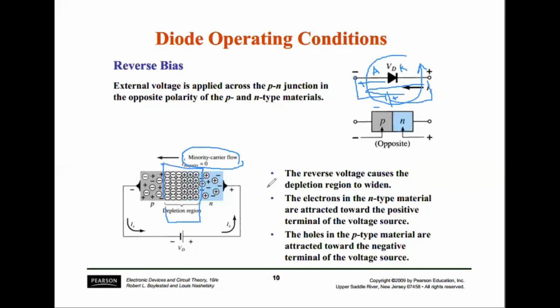You can ask me, if the size of the depletion region is increased, how come the current is flowing? Current will be flowed by the charges which are available at these points, at this surface. Due to these charges, the current will be flowing in this direction.